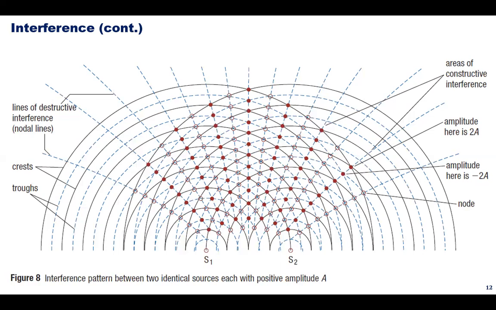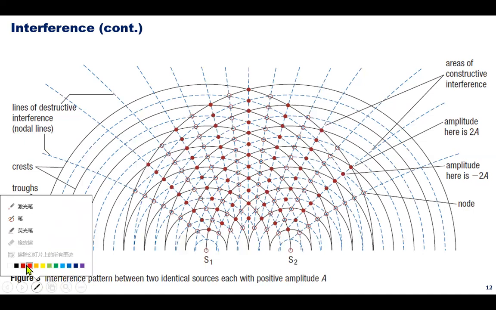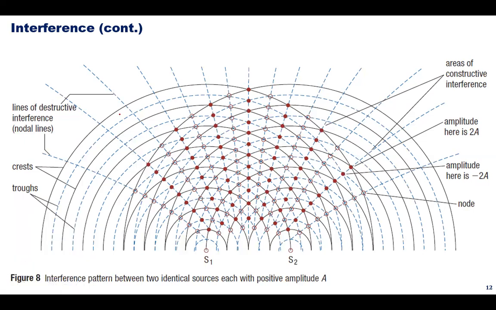A node is a place where destructive interference occurs, which is here. A node is a place where destructive interference occurs, resulting in zero amplitude, or a net displacement of zero.